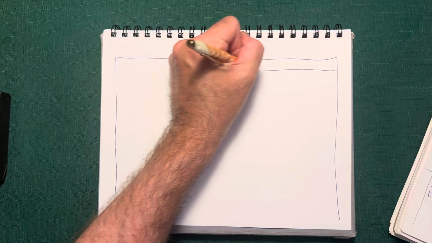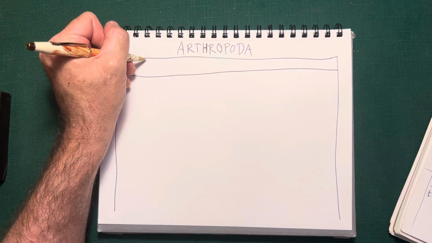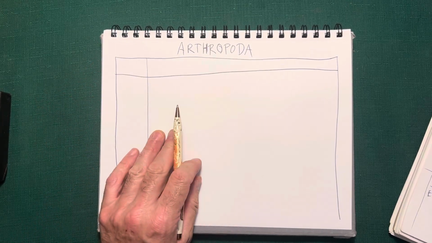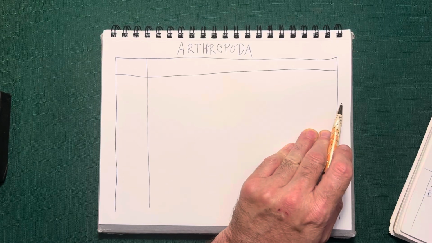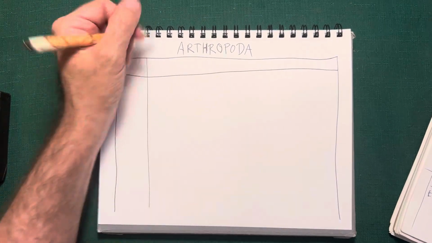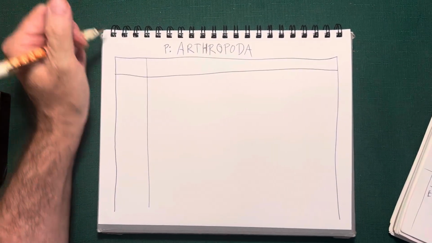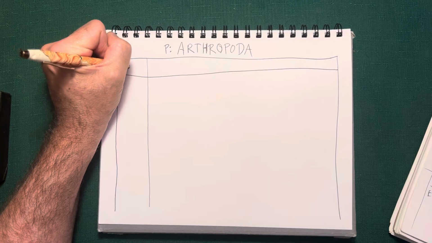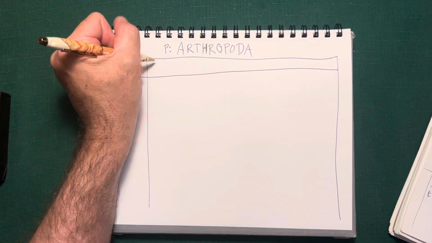Okay, so first we're going to divide into, I'm going to put all of our categories over on this one. And we're going to have 7 classes within the phylum Arthropoda, which we'll get to. But first, we've got 2 subphyla that we should be concerned with.